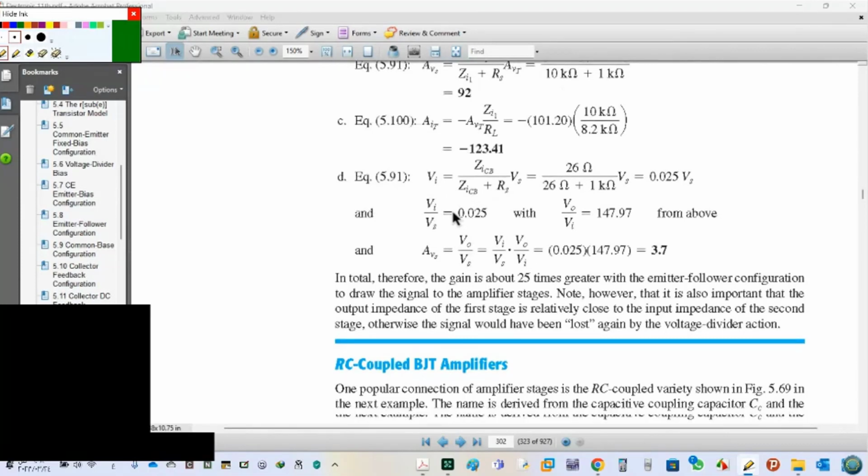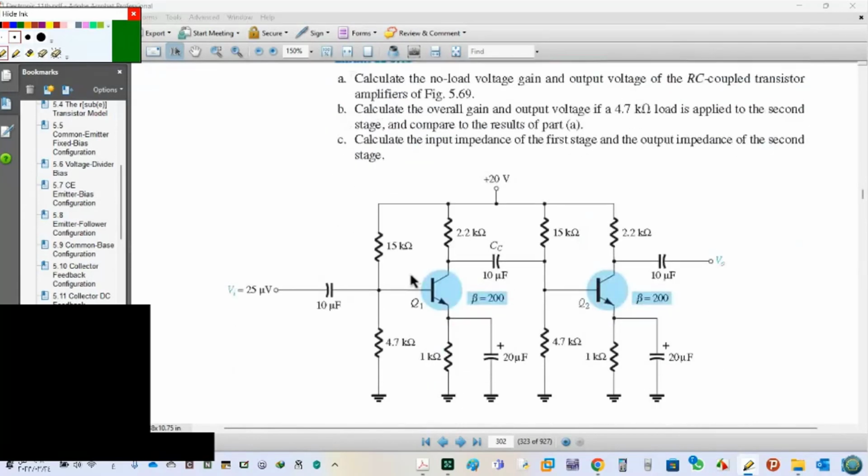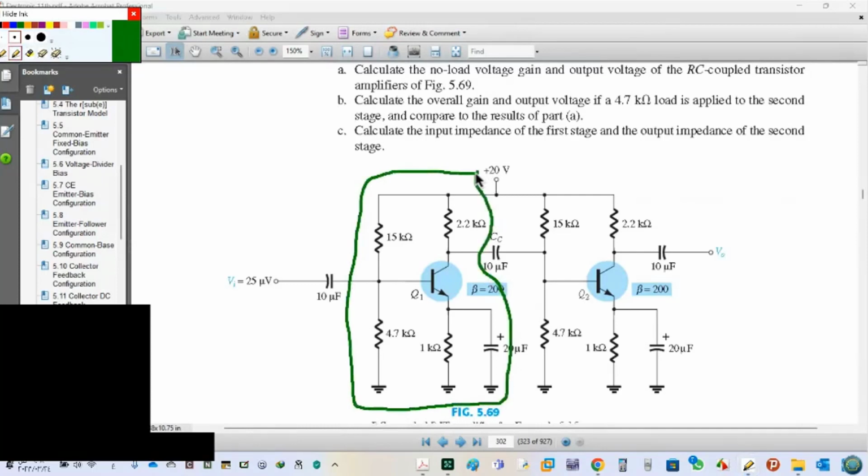Last example for today, it's called an RC coupled BJT amplifier, and this is an example I gave to you before. Let's see this one. Here we have two transistors, so we have two stages: stage 1, stage 2.